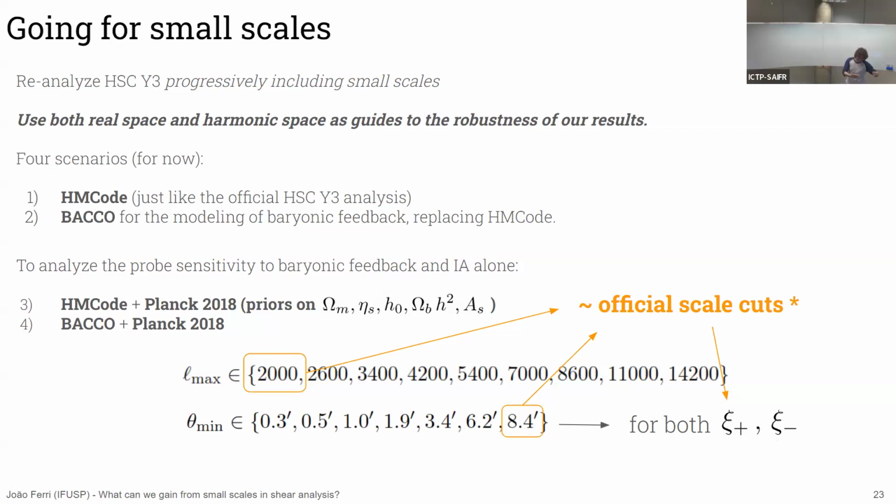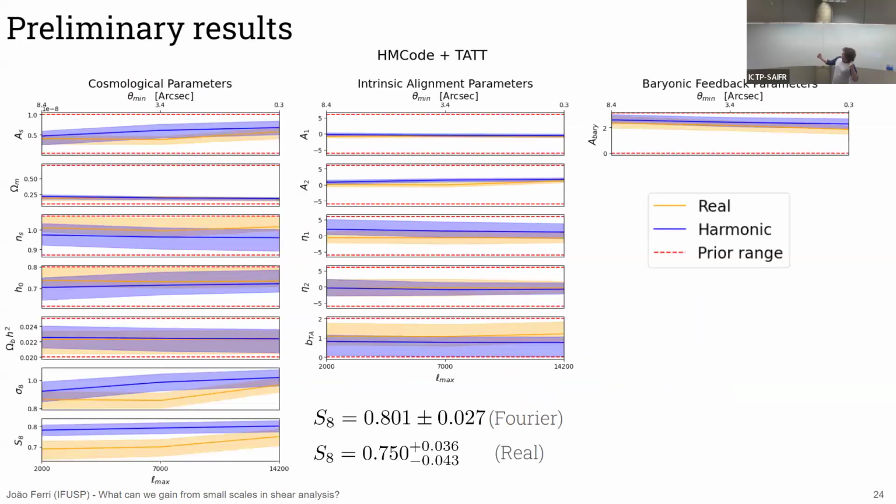They actually made different scale cuts for psi plus and psi minus. But here we're going to do a single scale cut for the two spaces, and I think it's mostly to highlight some eventual incompatibility between the results in real space and harmonic space. So these are the preliminary results.